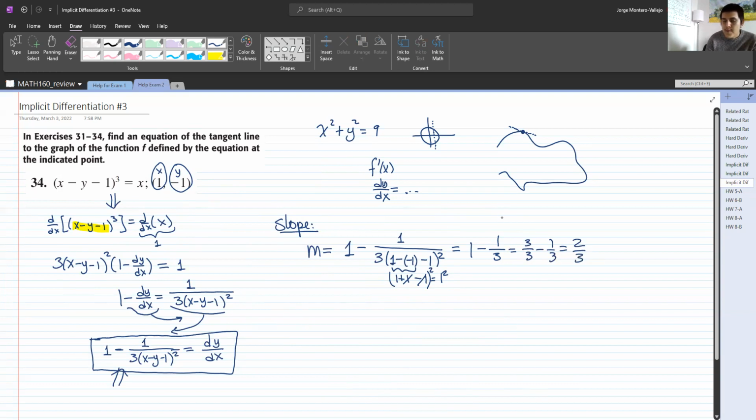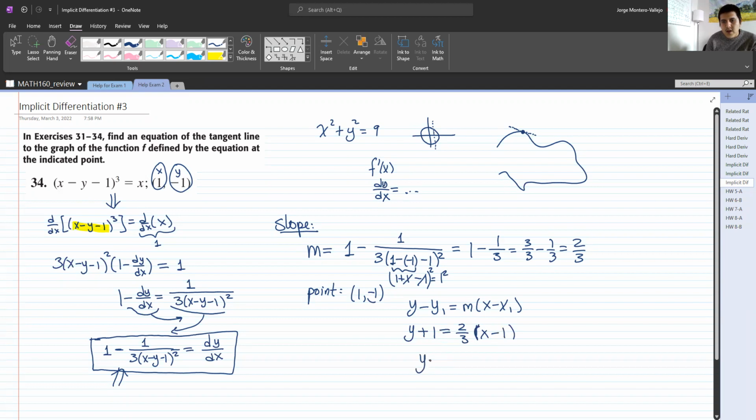So that's my slope. Okay, and the point is (1, -1). So then I just need to plug them into my point slope formula, right? I get y plus 1, because this is a -1, equals 2/3 times (x minus 1).